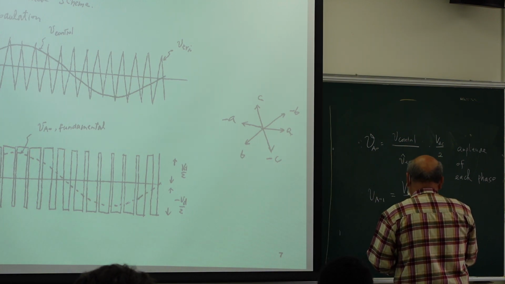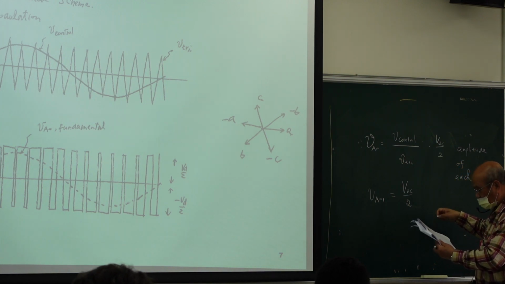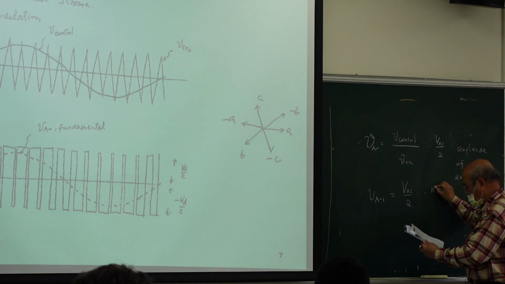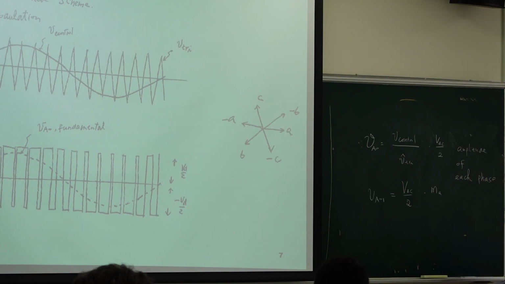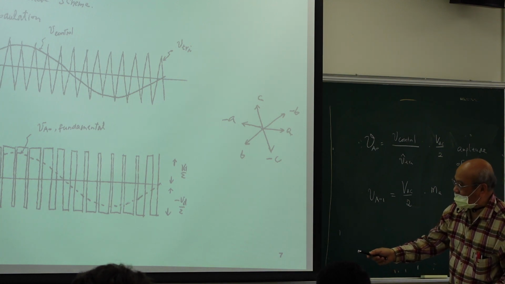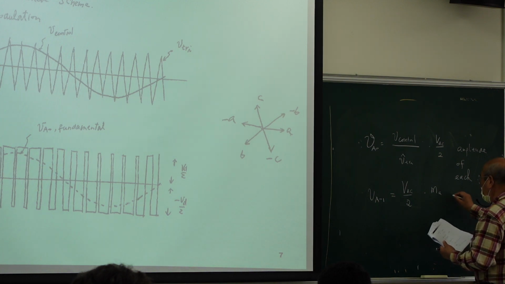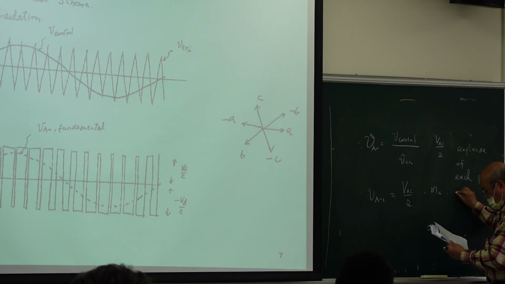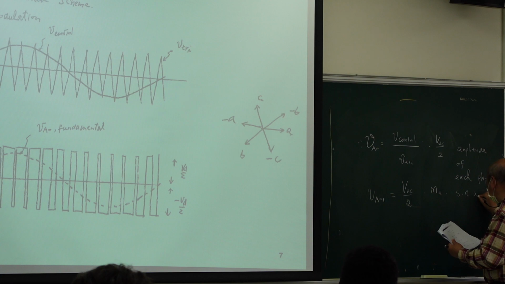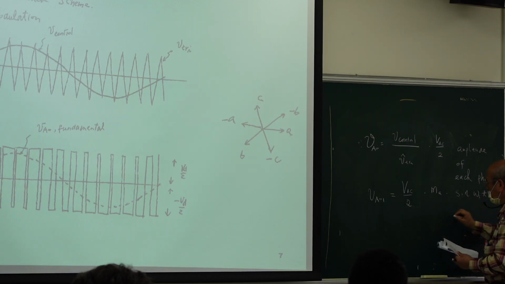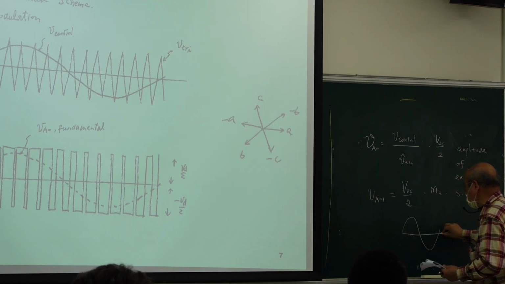So the output should be proportional to what? To MA. So if MA becomes larger, output becomes larger. If MA becomes smaller, output becomes smaller. If MA equals 1, then we can get maximum output. So the fundamental should be multiplied by sine omega t. So the output of the fundamental is like this.